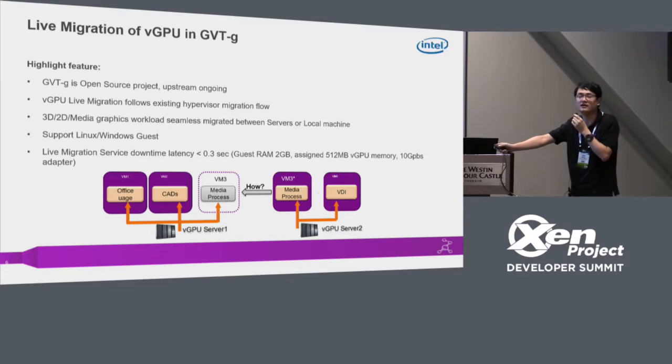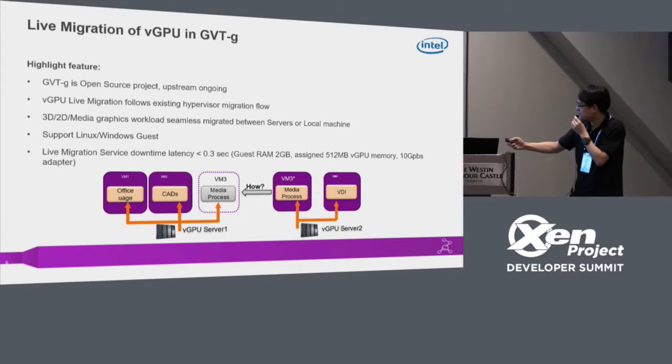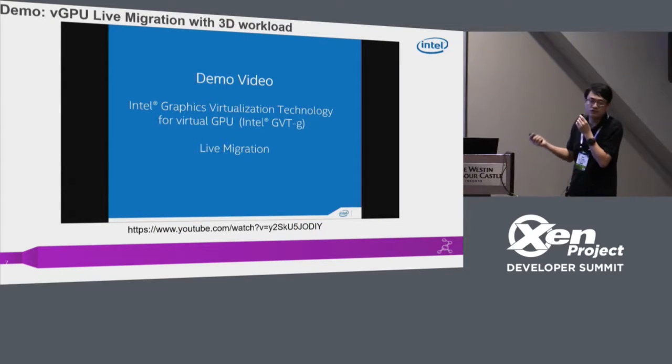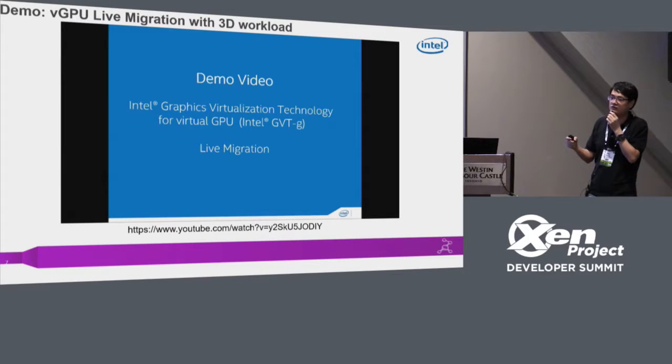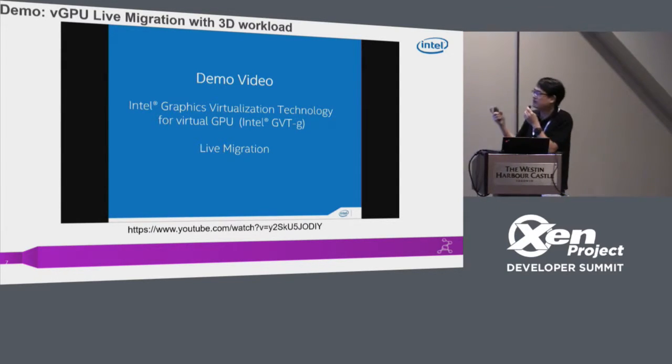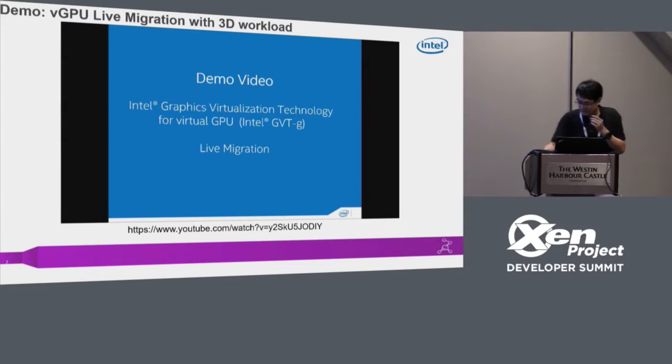The total migration time should be around 1.7 seconds. Let's see a video of what the current live migration looks like during 3D workload running. You can download the videos on YouTube.